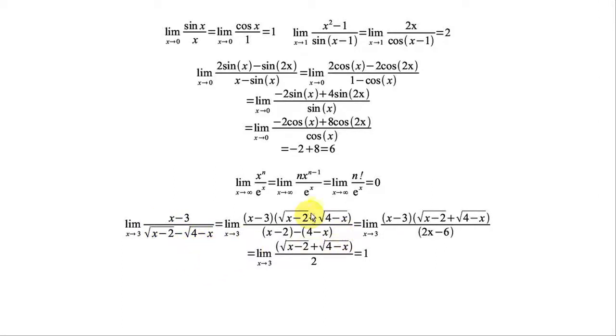If you multiply the top and bottom by this expression, okay, you've got something like a minus b here, and this is like a plus b, so that'll give you a squared minus b squared, which nicely gets rid of those square roots. So if we do that, you'll get that underneath and that on top.